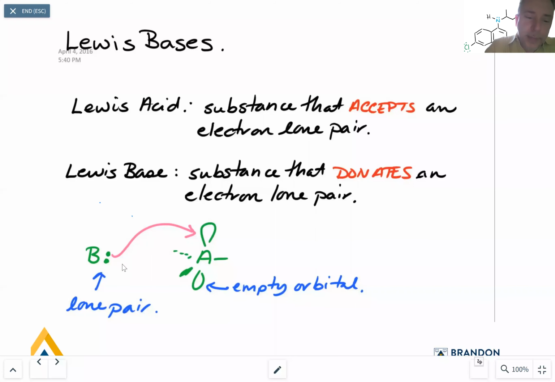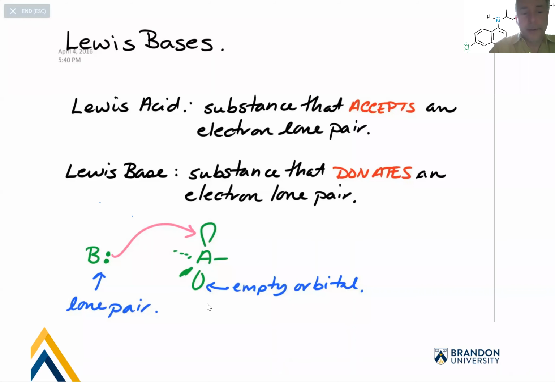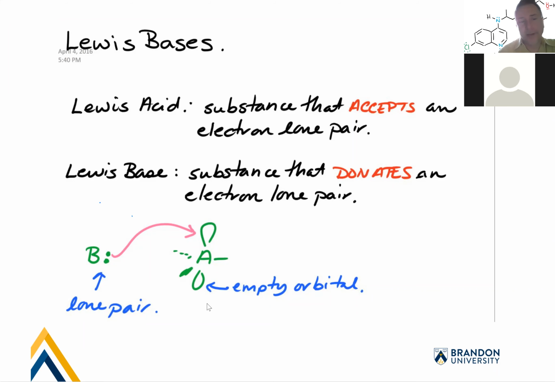The base will come in and donate its electrons to that empty orbital to form a bond. That's just the most basic definition: a Lewis acid accepts an electron pair, a Lewis base donates an electron pair.